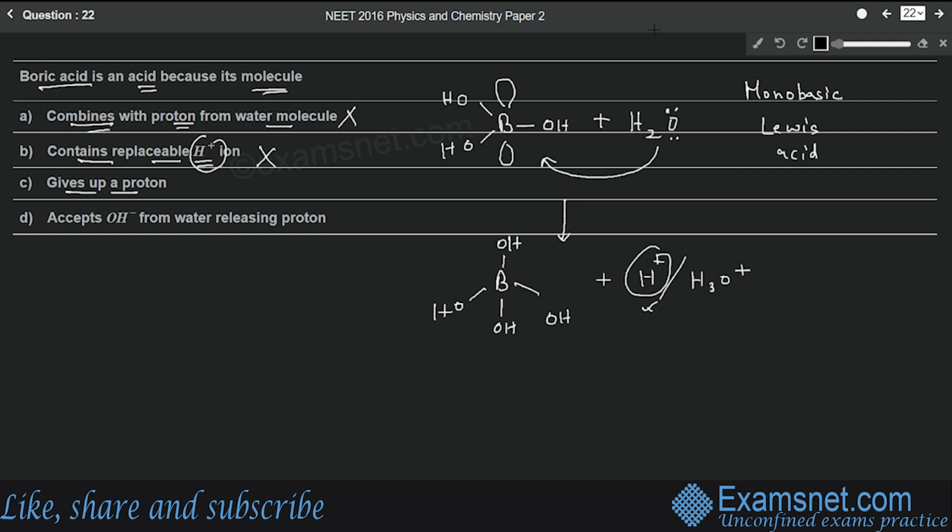Okay, and the reason why it is known as acid or Lewis acid, because it accepts the lone pair of electrons or it accepts the OH minus ion. Okay, so third one is a correct statement, but it is not the reason why it is an acid. So the correct one will be the last one, that it accepts OH minus from water, releasing a proton. So this will be the proper statement. Okay, so option D will be the correct answer.